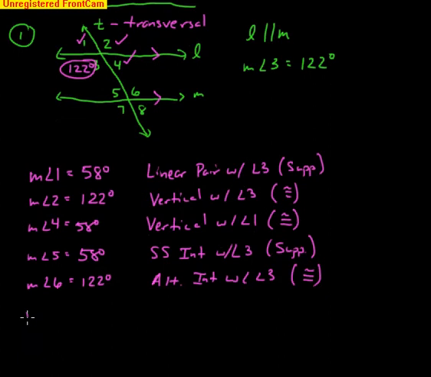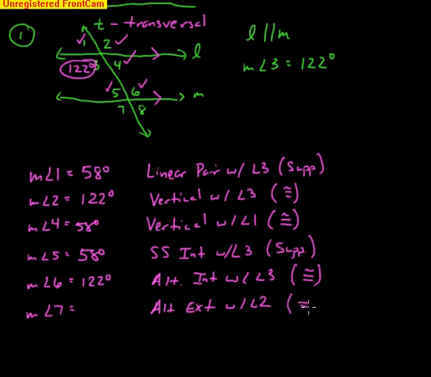The measure of angle 7. So we got 5 and 6. For angle 7, I'm going to use the fact that angle 7 is an alternate exterior angle with angle 2. Alternate exterior angle with angle 2. 7's here, 2's there.